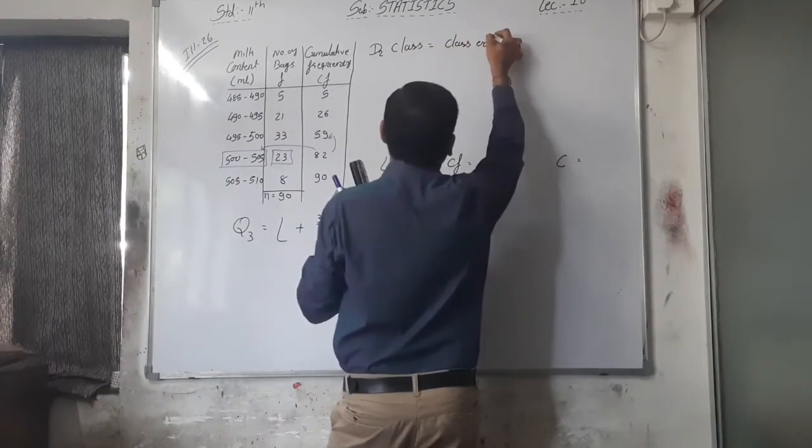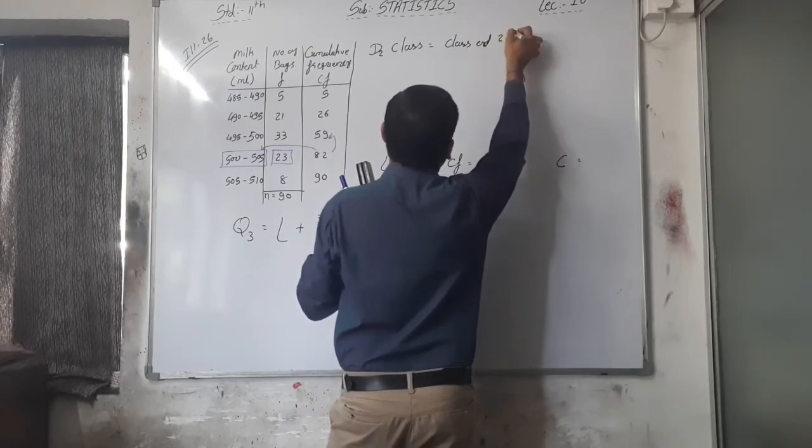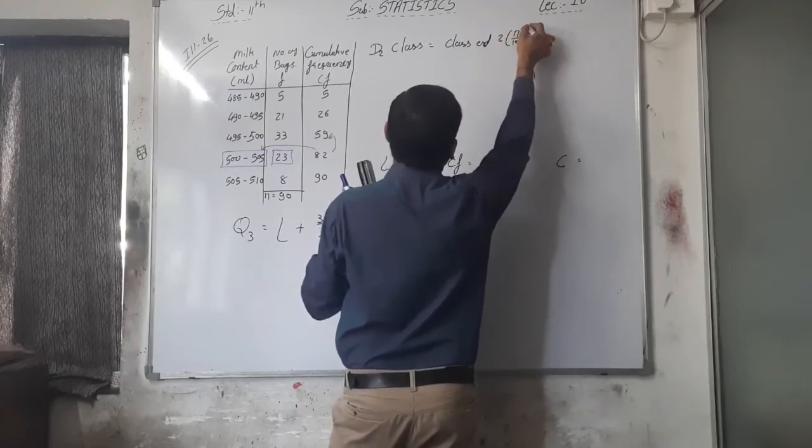What is the formula? The class of the 2 into n by 10th observation.